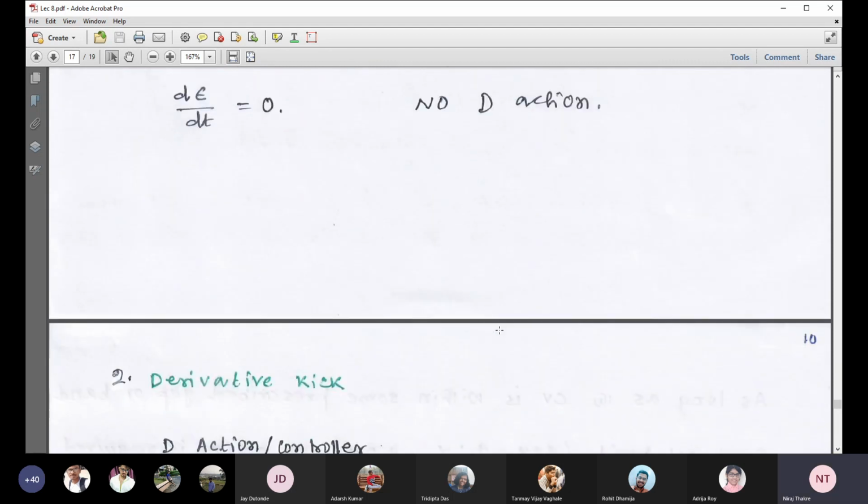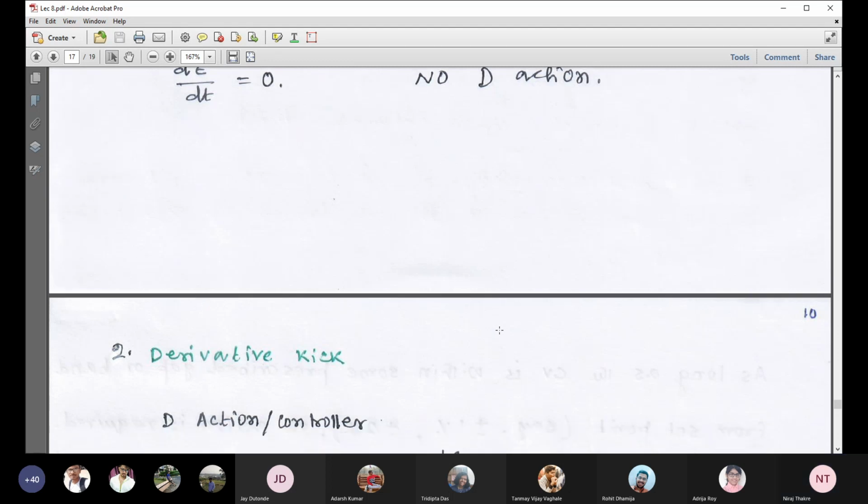Now we want to discuss another important term called derivative kick. In the second remark, we discuss another issue that is popularly called derivative kick.